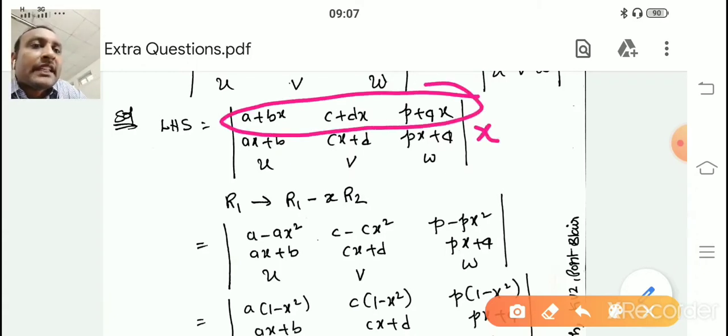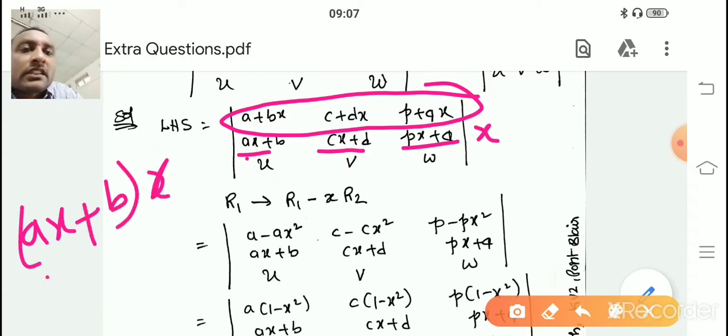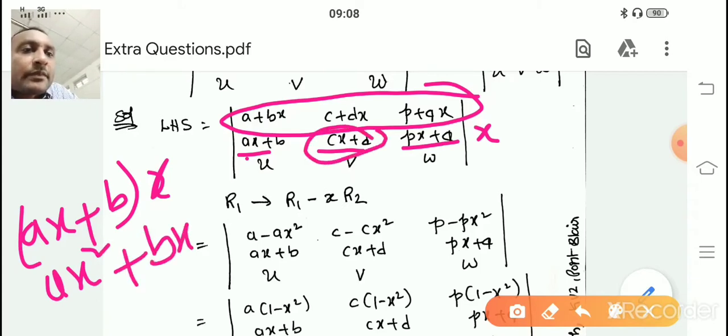When you multiply x to row 2, what happened? It comes like this. First element: ax plus b into x will come, right or not? It is ax square plus bx. Similarly, cx plus d multiplied by x, px plus q multiplied by x.